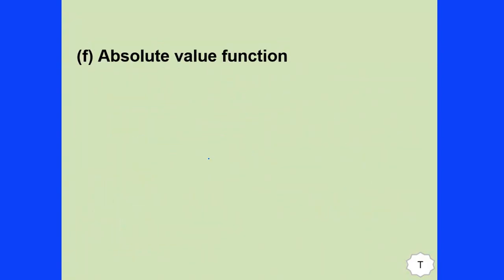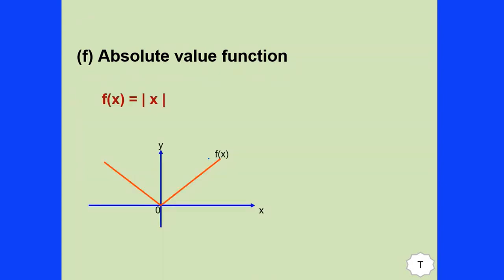Absolute value, V shape. Imagine V shape je. Okay, so for this one cuba fikir domain. Domain, okay, domain X exists. Dari mana ke mana? Cuba fikir.